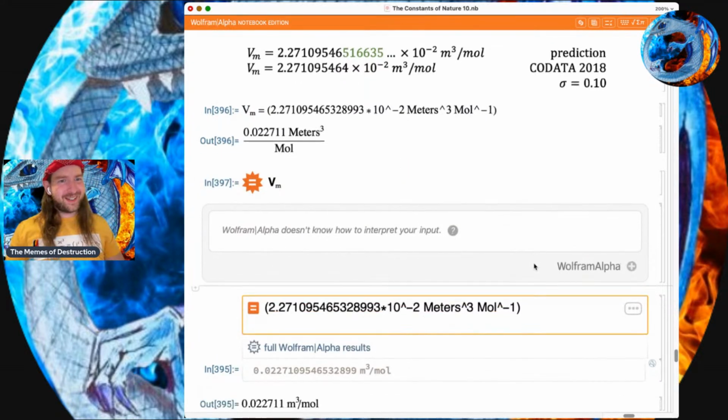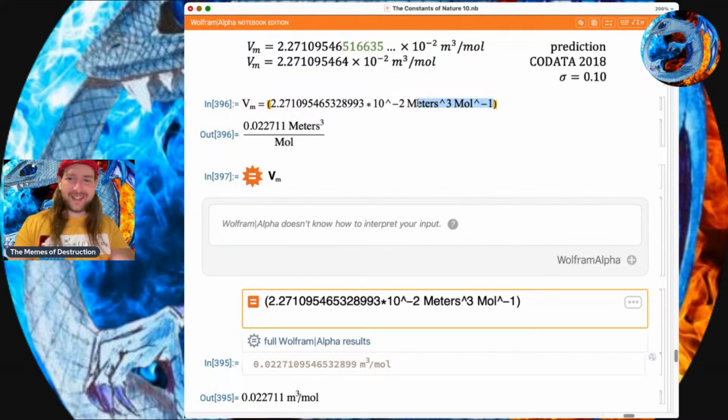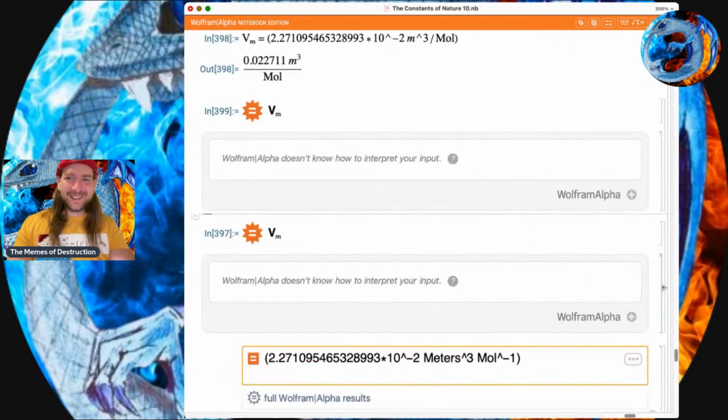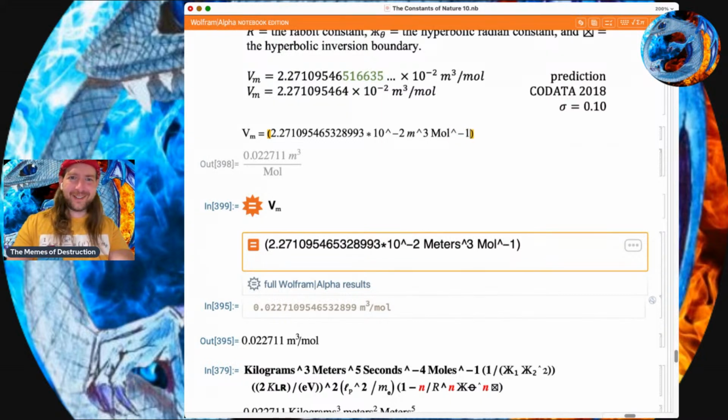Come on. Per mole. Oh, okay, fine. M raised to the 3 divided by mole. Maybe it understands that. No! How do you not understand? Can you not do moles? So the 3 is minus 1.